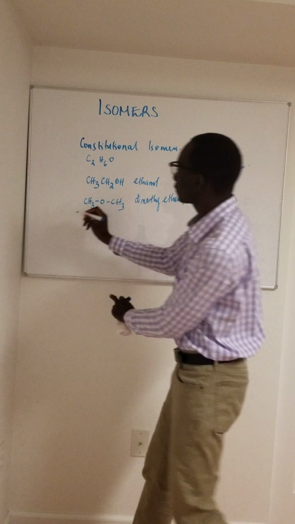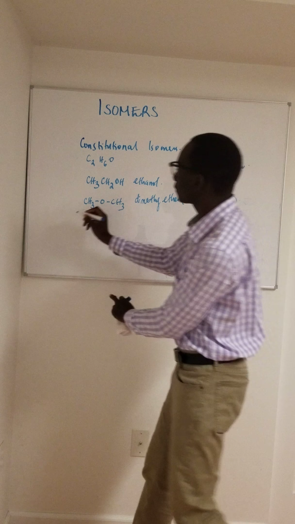When you look at this, they all have 3 carbon atoms, so that is C3, and they have 6 hydrogens and 1 oxygen. So this is the same 3 carbons, 6 hydrogens, and 1 oxygen. They have the same general formula, but they have different arrangement of atoms. This is an aldehyde, and this is a ketone. So aldehydes and ketones are constitutional isomers.